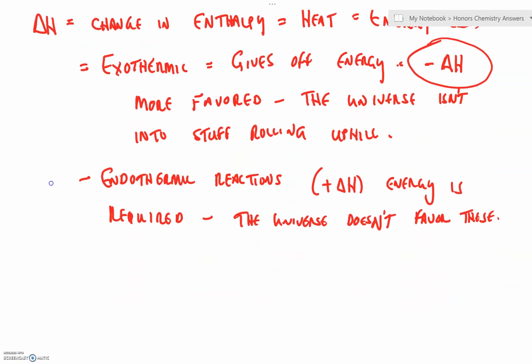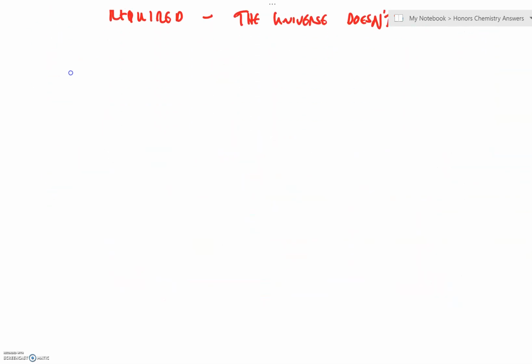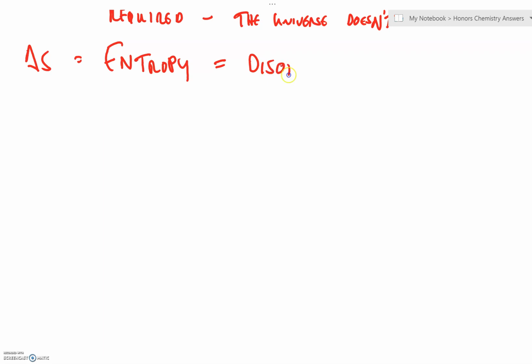The second variable that we're going to be looking at, this is going to be a new one, is called delta S. Depending on what textbook you use, and sometimes they just say S, this is something called entropy, otherwise known as disorder. We should put it this way.